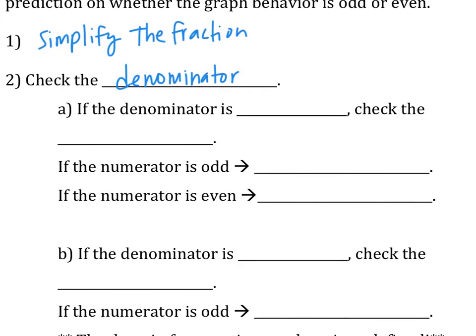Okay, so if the denominator is odd, we're going to check the numerator. If the numerator is also odd, it's going to be an odd function.